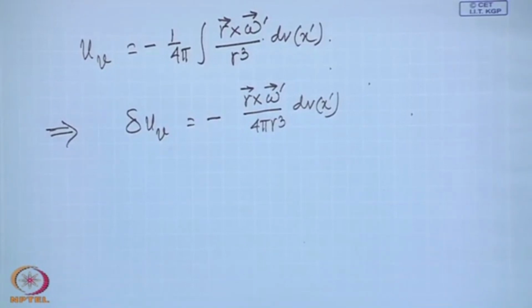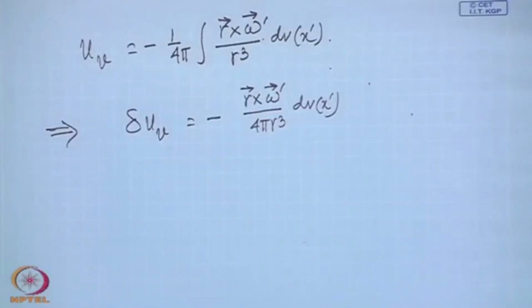However, there is a difference with the earlier case. It is in the physical nature that a source distribution or rate of expansion distribution at an infinitesimal element is physically possible. You can have in a fluid a small region where there is some non-zero rate of expansion, and everywhere else it is 0.